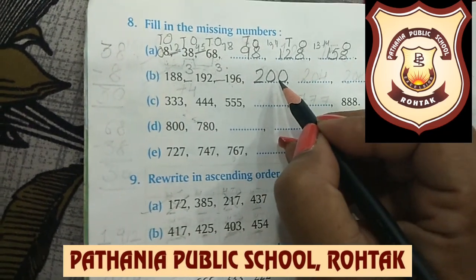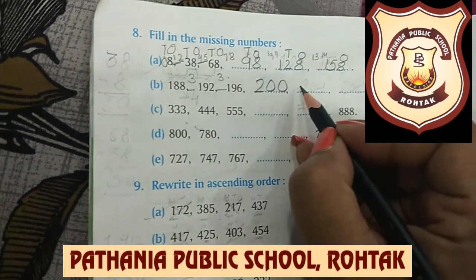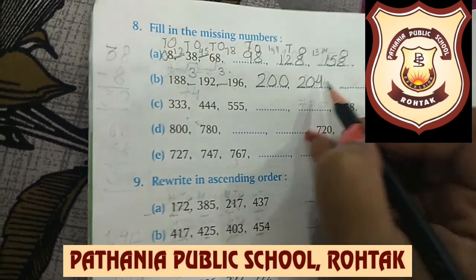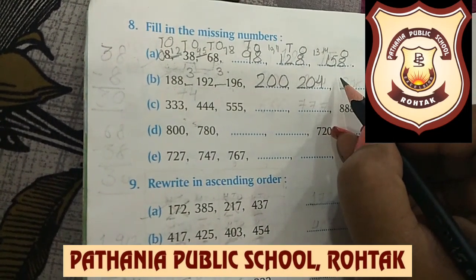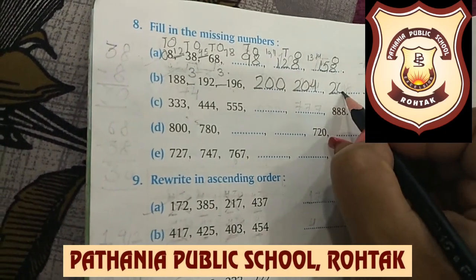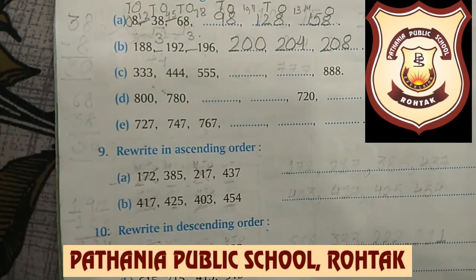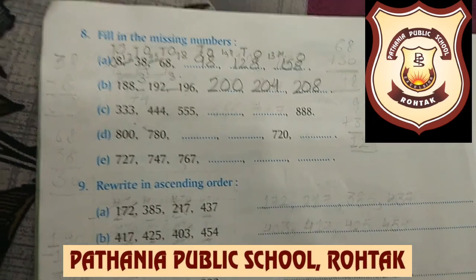After 200, by skipping 3 numbers 201, 202, 203, we have reached 204. Again we will skip 3 numbers 205, 206, 207. So we have reached 208. See beta, by applying the same method you can do the C, D and E parts on your own.